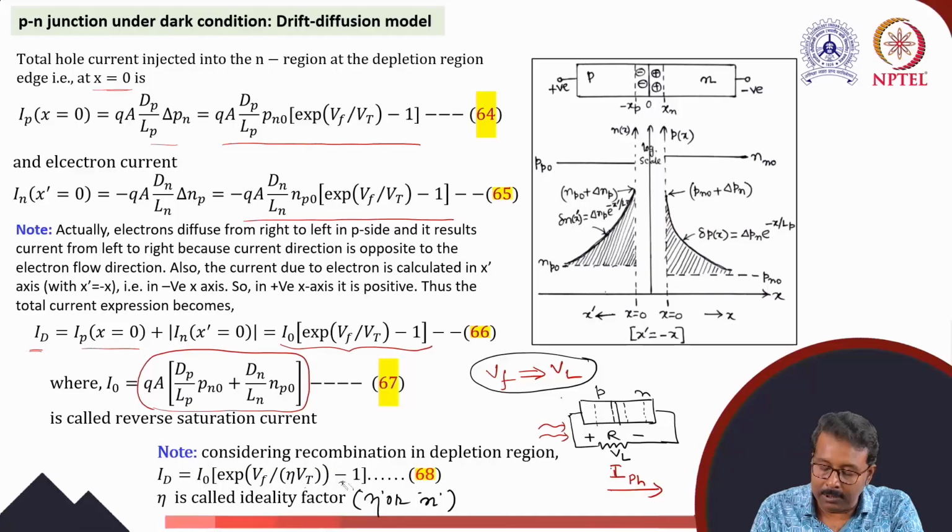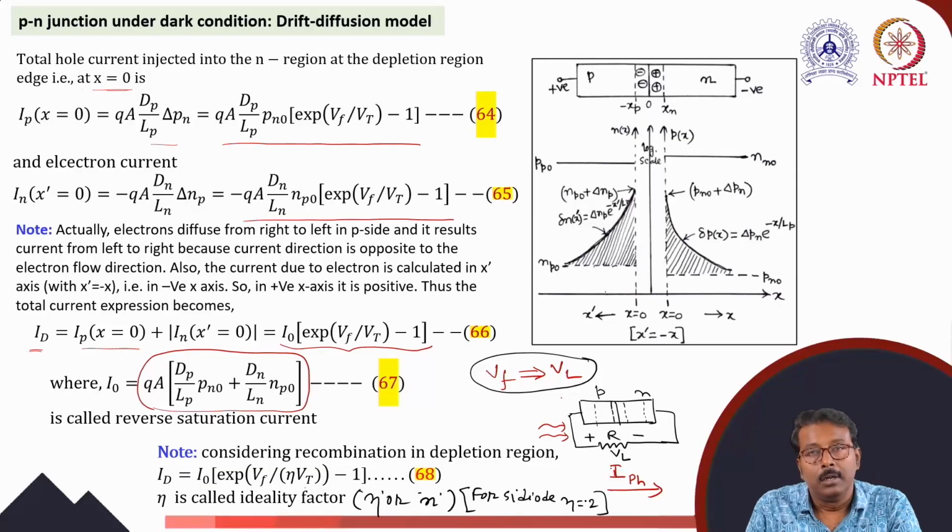Eta stands for the recombination at the junction, and for a silicon diode, eta value is equal to 2 generally. So this is a more practical model equation for the diode considering the ideality factor.